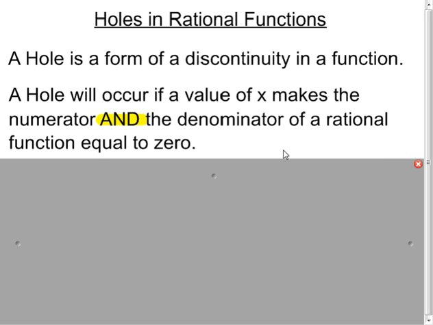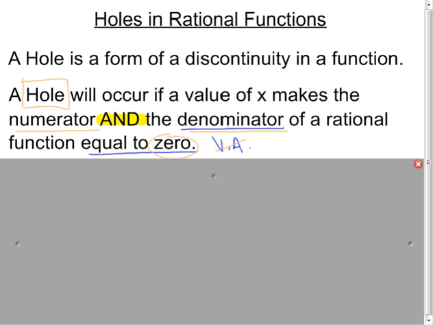We talked about how if a denominator is made 0 by a value of x, you get a vertical asymptote. But here, it's not actually going to be a vertical asymptote, because the numerator and the denominator are both 0, and this is what creates a hole in the function.